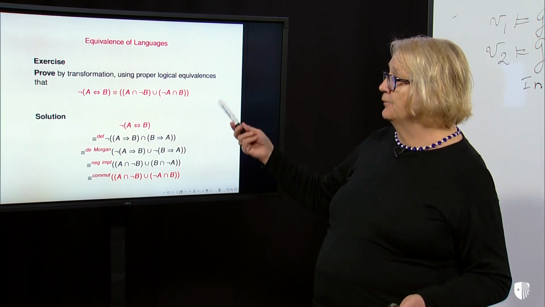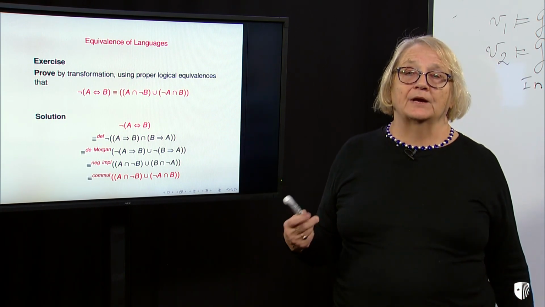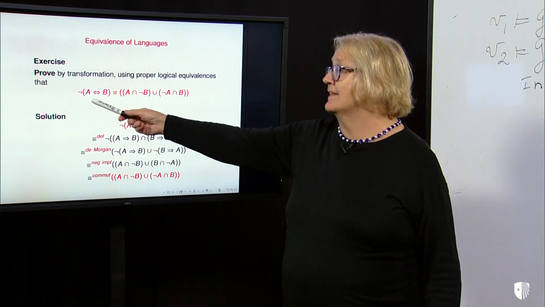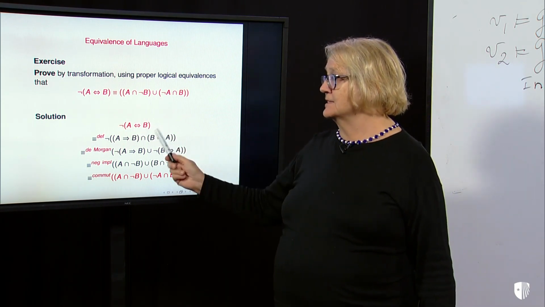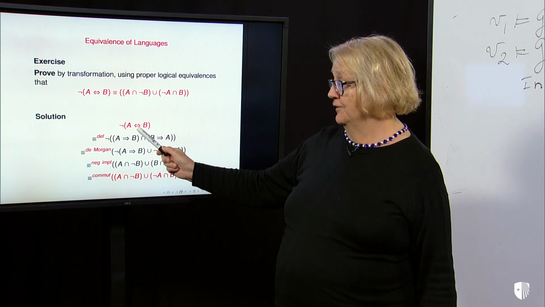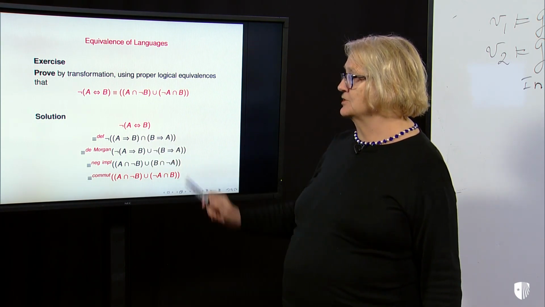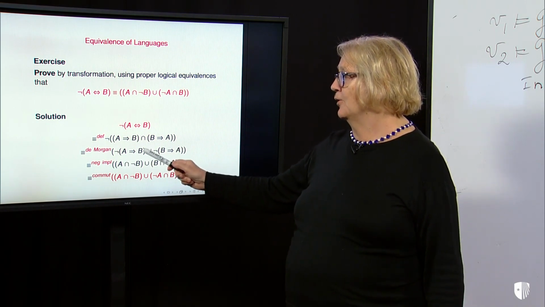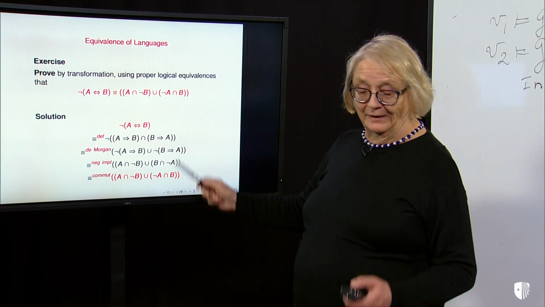And, for example, prove by transformation using the proper logical equivalences that such equivalence holds. You start on one side by the definition of if and only if, which is implication on both sides. By De Morgan law, you do this. By negation of implication, you get that, and then you get the result.